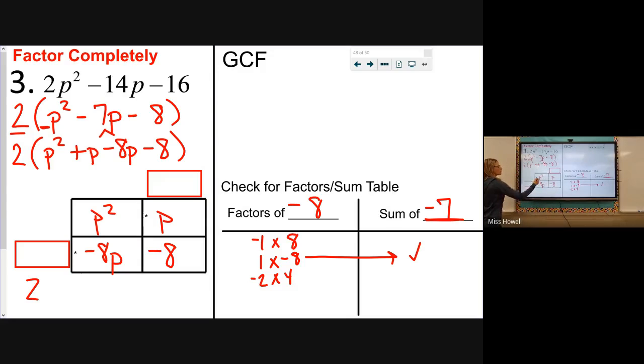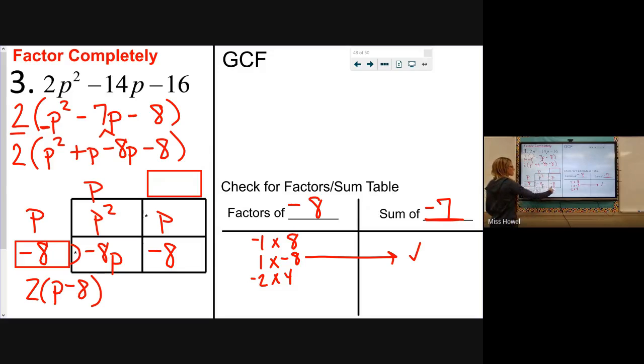All right, top row, p squared and p both have at least 1 p. Factor that out. This block's negative. Pull it out automatically. Negative 8p and negative 8 both share negative 8. So down here we have a factor of p minus 8. All right, do the same thing with your columns. P squared and negative 8p going vertically this way both have at least a p.